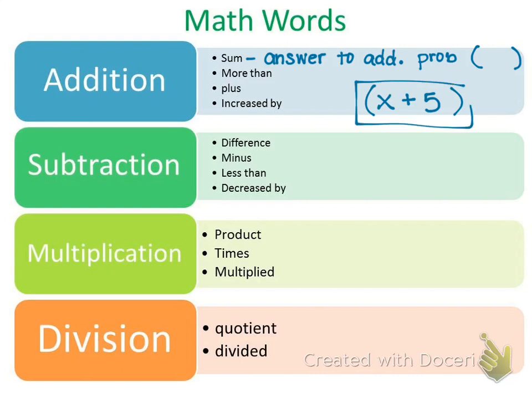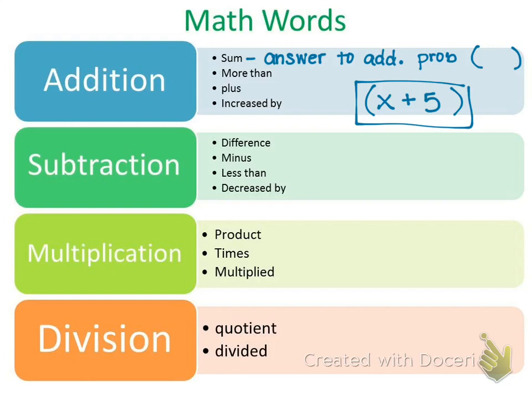You say, Miss Reber, why do I need parentheses? That does absolutely nothing in that problem. You're right. It does do absolutely nothing in that problem. But if you get in the habit of writing them no matter when you see the word sum, you won't forget to do it when you actually do need them. Because you will have a problem that says 4 times the sum of x plus 5 is equal to 25.